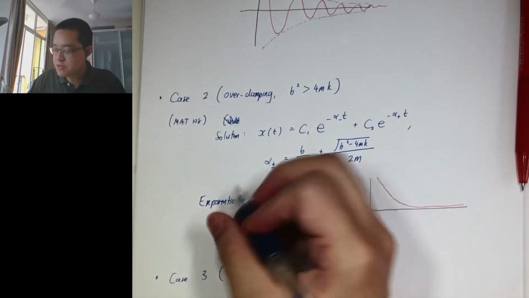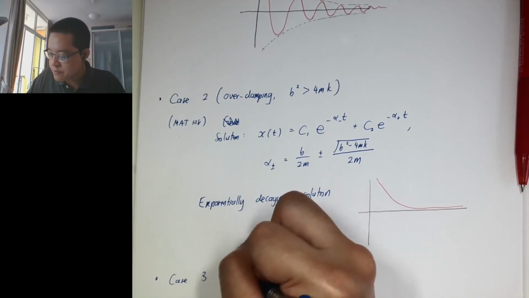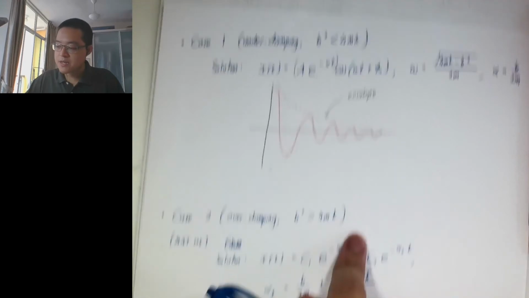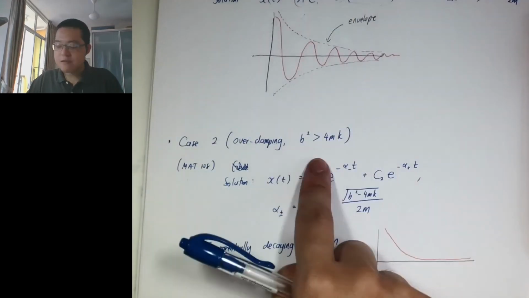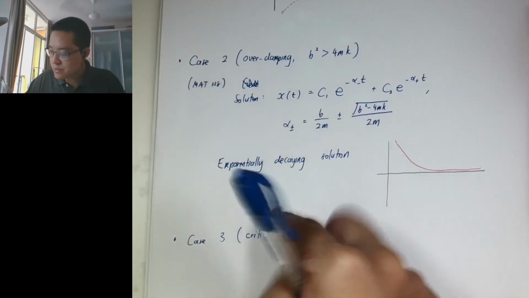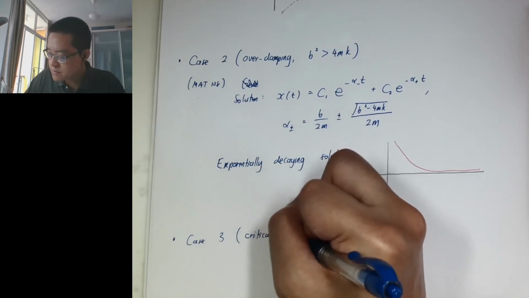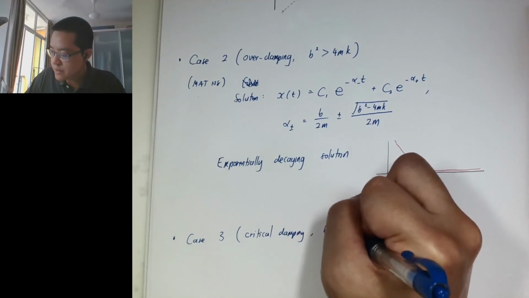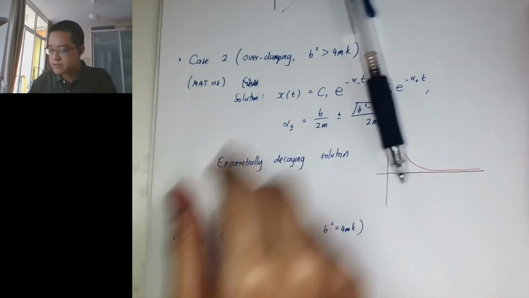And then case 3 is nothing special. It's what we call critical damping. It is the case in between these two cases, because I have smaller than 4mK, greater than 4mK, so this is equal to 4mK. So critical damping is b squared equals 4mK. You can't really tell much of a difference.